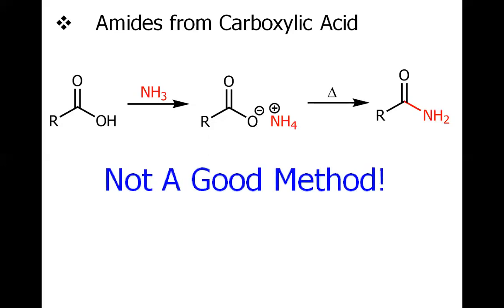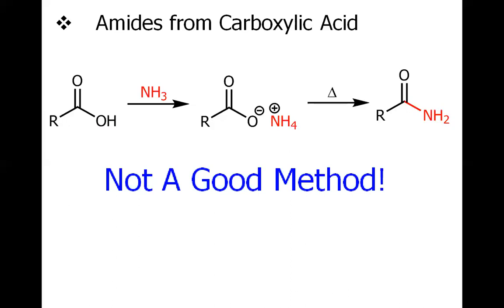So what to do? How to make the amide from the carboxylic acid? Obviously, if we convert this OH group to something that becomes a good leaving group, then we may solve our problem, because in acid chloride, in acid anhydride, or in ester, we have the advantage of the good leaving group, as we have the chlorine in the acid chloride, acyloxy in the acid anhydride, and alkoxy in the ester.